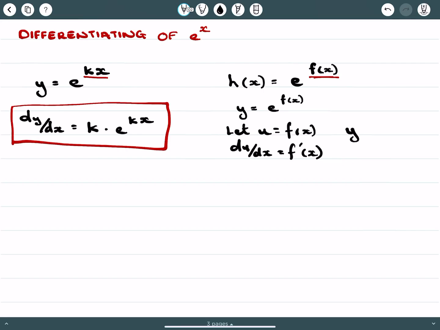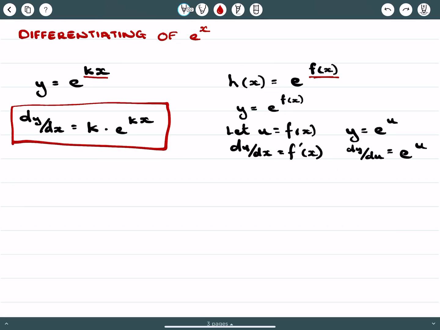And y here equals e to the u. And if I look at dy du, then that should give me e to the u. The reason for this is because there's a 1 there, and that 1 just gets transferred here. So we don't need to show these ones, but that's what it gives.